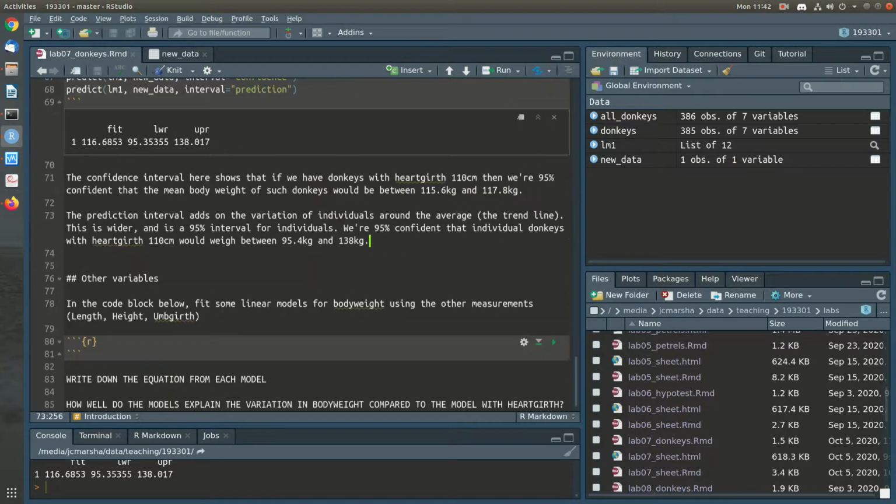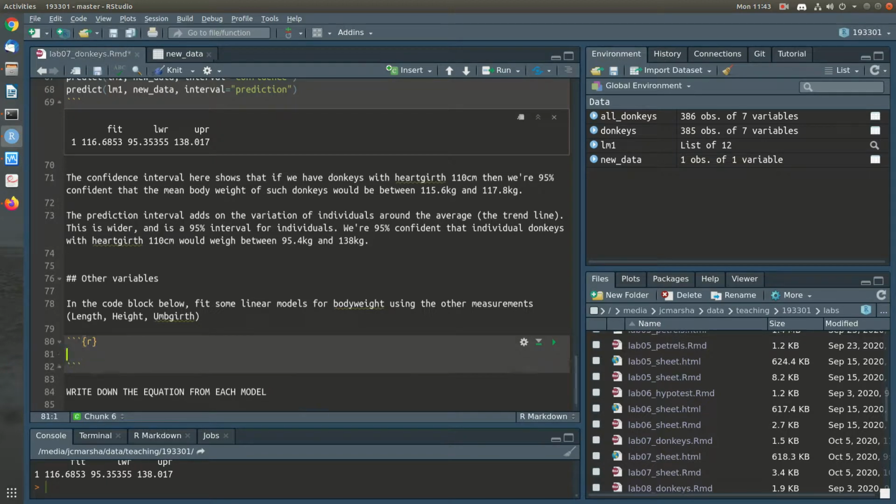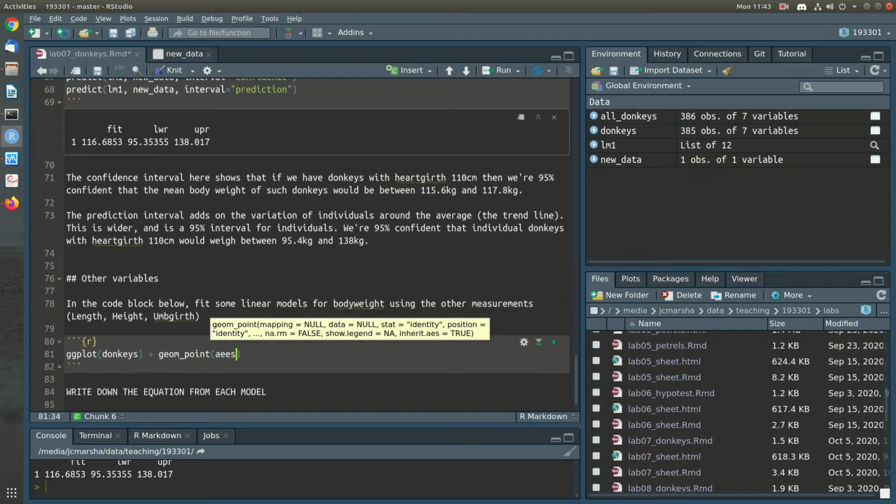Okay. Right. And to finish off, we're going to look at the other variables in the data. So let's have a look at fitting some linear models for other ones. So what we're going to do is we'll do some plots first so that we can see what they look like. So x is going to be equal to, say, the length. Y is equal to the body weight.